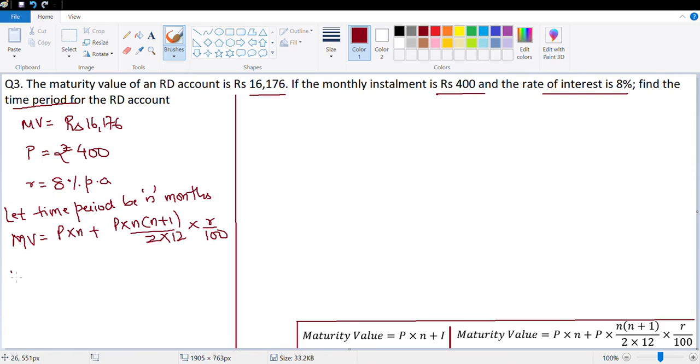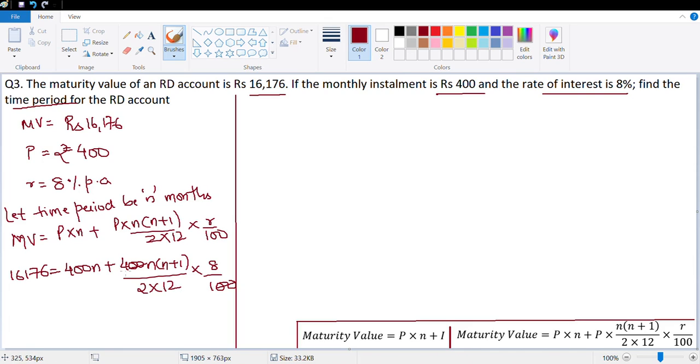So maturity value is given equal to 16,176. Principal is given equal to 400 multiplied with n. Principal is 400 multiplied with n plus 1 upon 2 into 12 into R. In this case 8 upon 100. These double 0 gets cancelled.